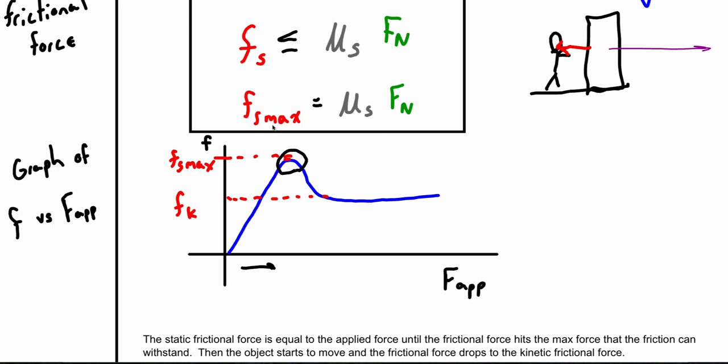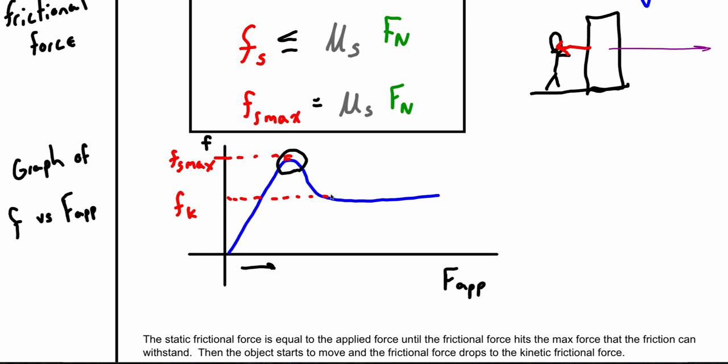At that point, that's your static frictional max. That's the max friction that the object can apply before it starts moving. So your Fs max is equal to your coefficient of static friction times the normal force. This is the max static friction that the object can apply.